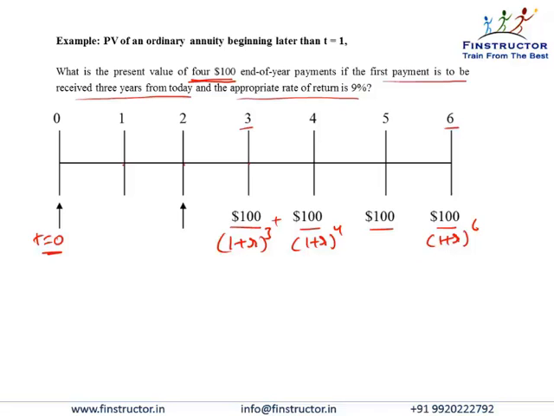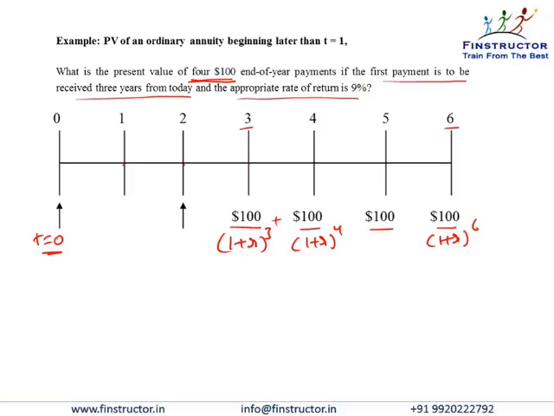The only problem with this method is that though conceptually right, it will take us too much time because we don't have any direct functionality on the calculator to input this gap of 2 years and calculate the value for us.